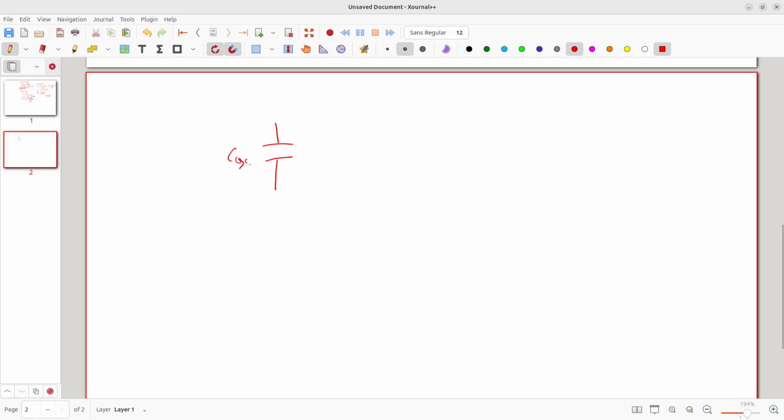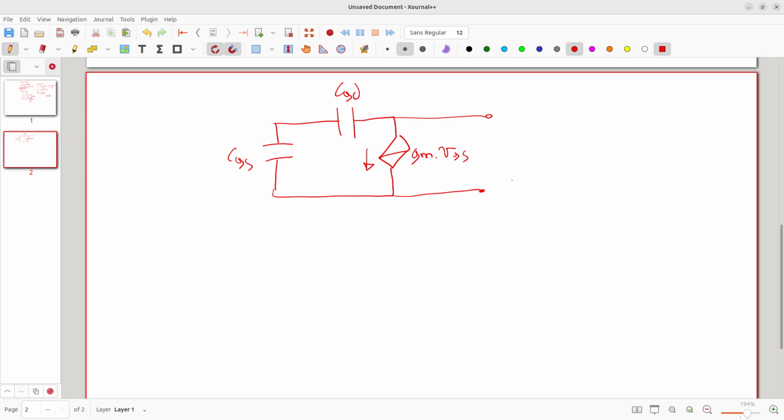We have CGS, we have CGD, we have GM times VGS, and then I will calculate what is the impedance that I see in this direction.